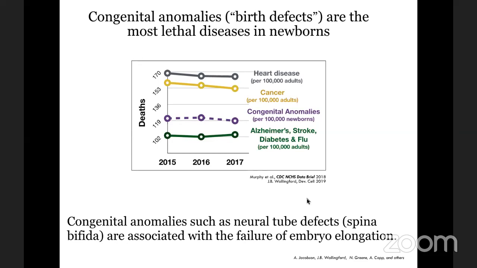So if you look at this graph here, the death rate in newborns due to congenital anomalies is much higher than that of Alzheimer's, stroke, diabetes, and flu put together in adults.